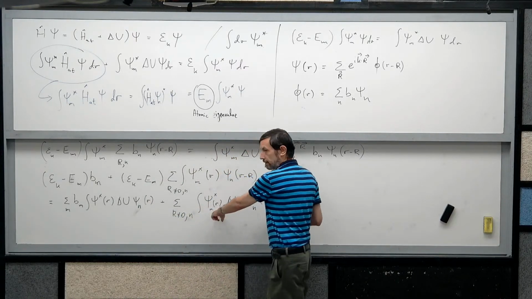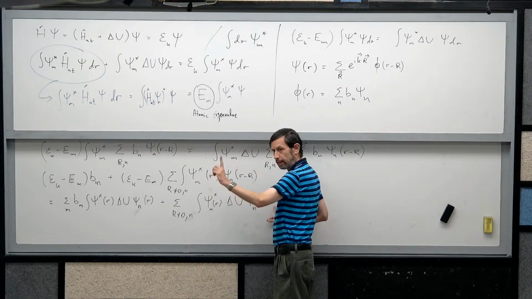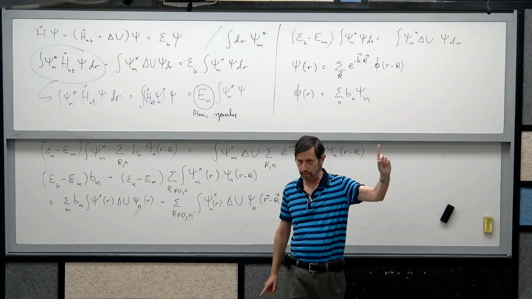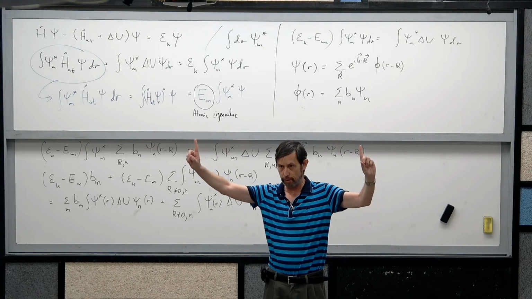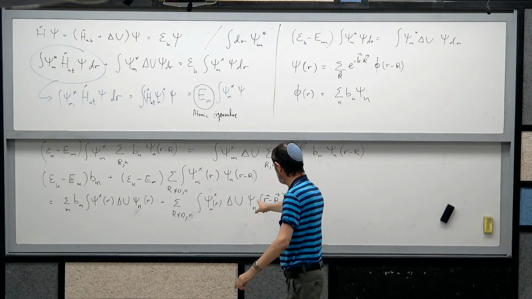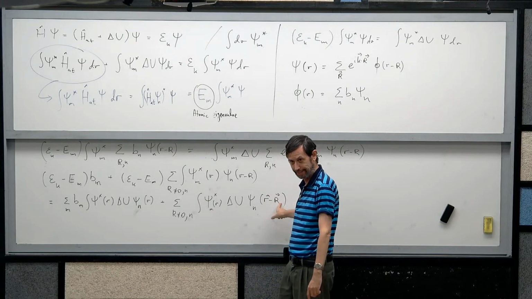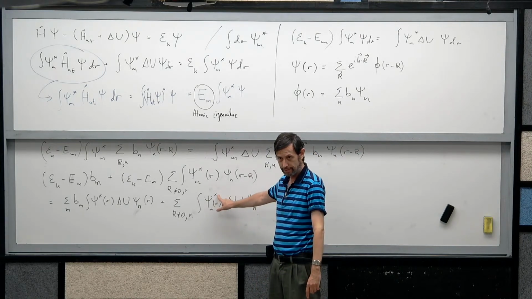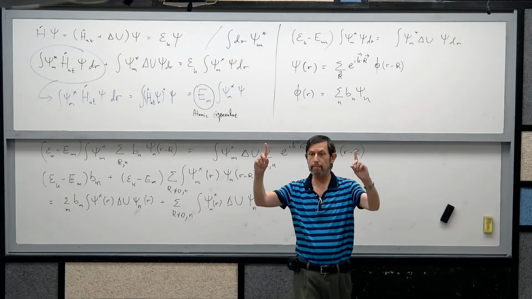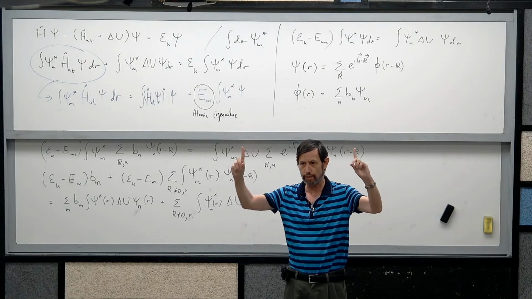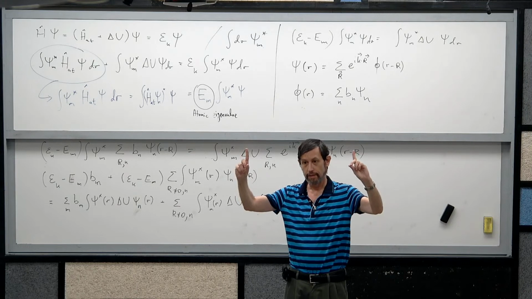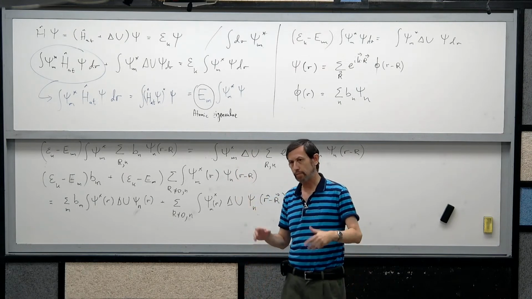Why? You have one center at one point on the lattice and another electron around another atom in the lattice, right? That's the difference between r minus r and r. So when I'm multiplying two exponential functions that are far from each other, what is the result that I get? Small, almost zero. Why am I saying small and not zero?